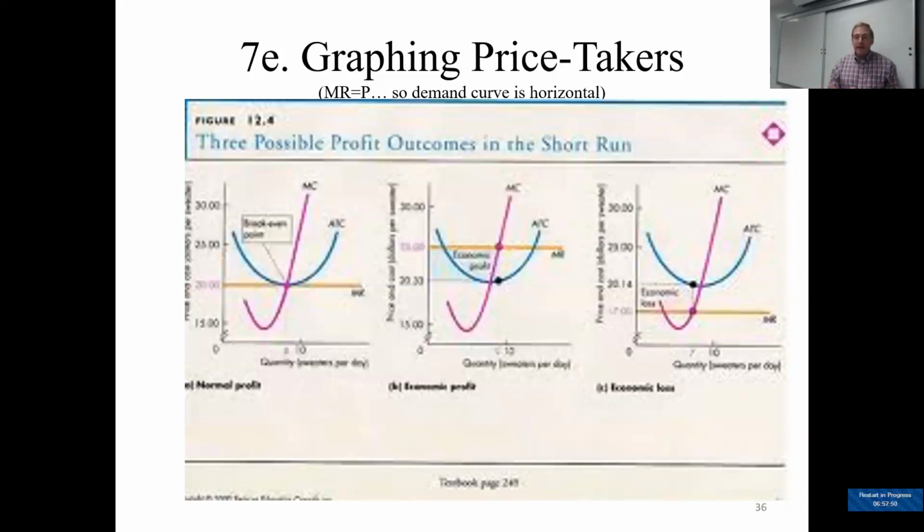So that brings us to the next question, which is what is going to be your cost of production? Well, how convenient. We happen to have in blue average total cost curves. And we know that quantity times average total cost is your total cost of production.